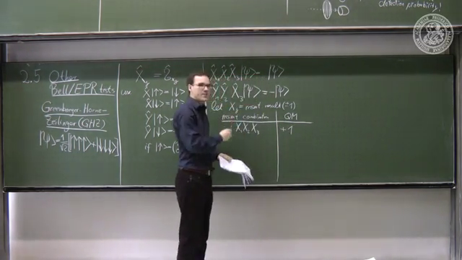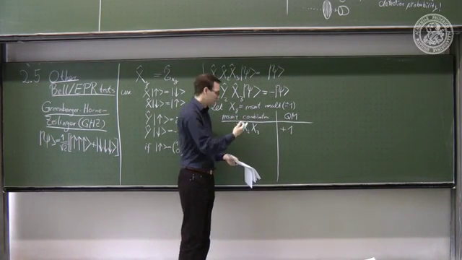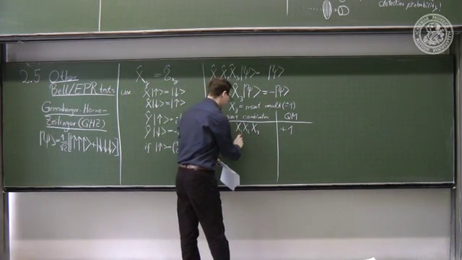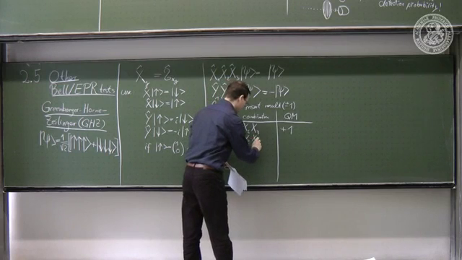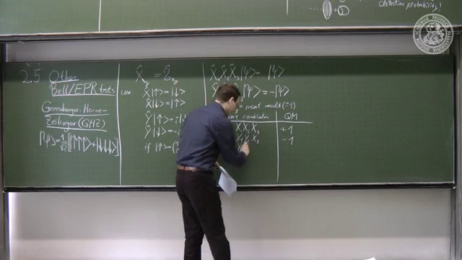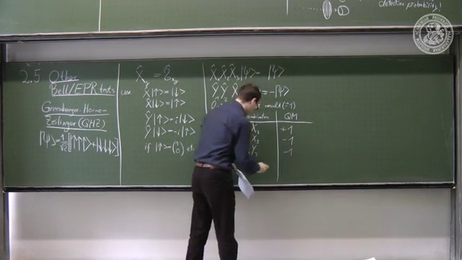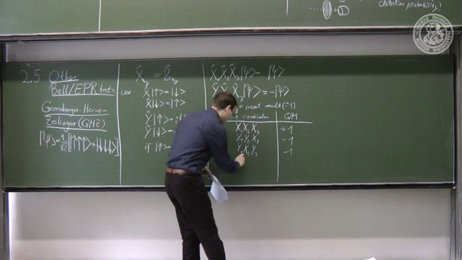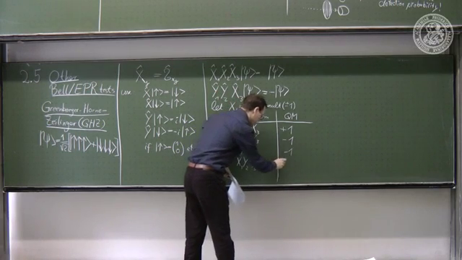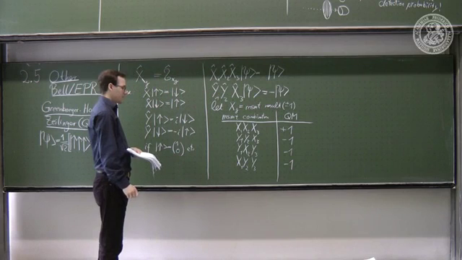I mean, individual measurements could yield both plus and minus 1, but the product will always be plus 1. And so then if we measure y, y, x, we get minus 1. Again, y, x, y is the same, it's also minus 1. And x, y, y is the last one, is also minus 1. Okay.